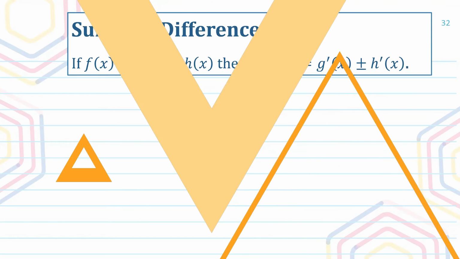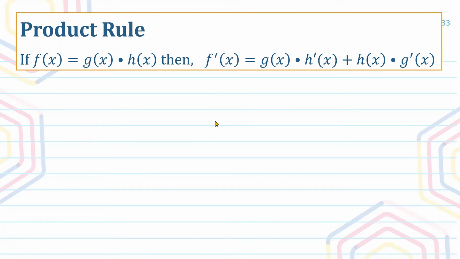Now let's have the product rule. The product rule states that if f of x equals g of x times h of x, then f prime of x is equal to g of x times h prime of x plus h of x times g prime of x. Okay, so let's have here our example.